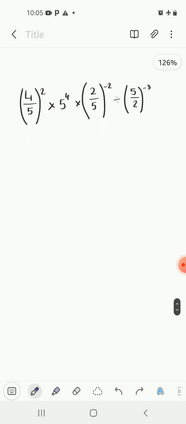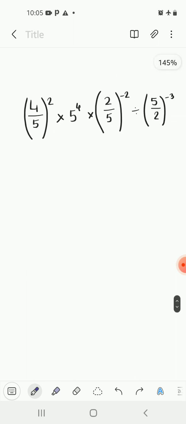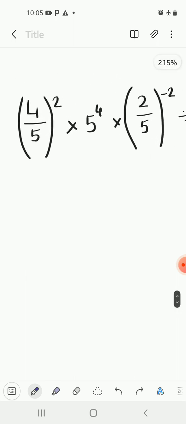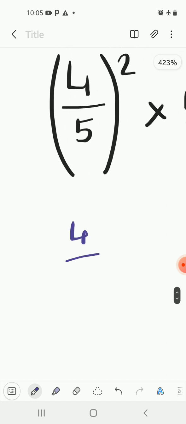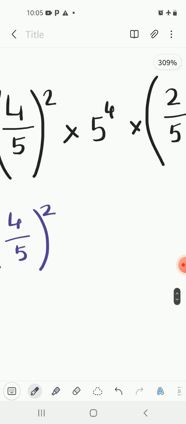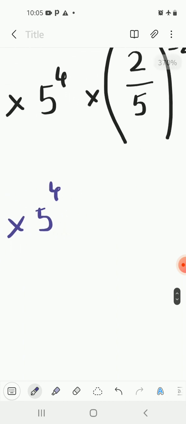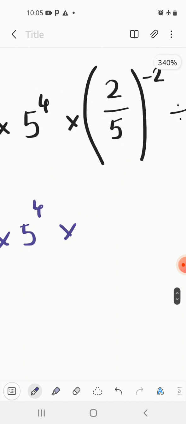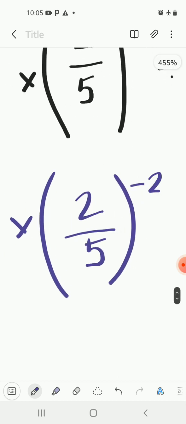There is another sum of the same kind: simplify and find the answer in exponential form. So let's do it first. See, here it is 4 by 5 to the power 2, and here there is 5 to the power 4 into 2 by 5 to the power minus 2.